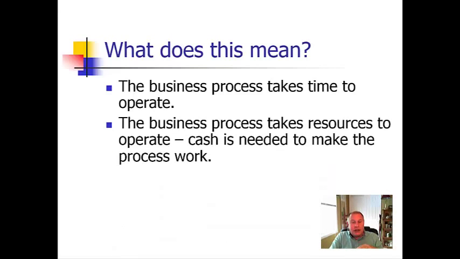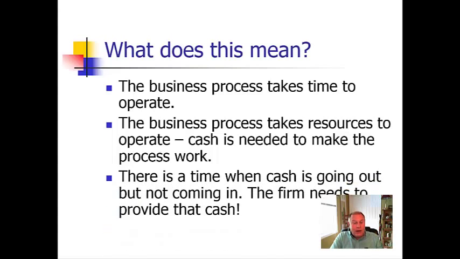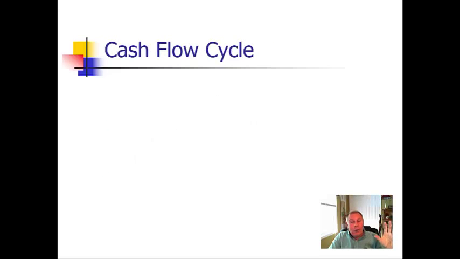The business process takes resources to operate, and cash is needed to make the process work. So there's a time period where cash is going out but not coming in. The firm itself needs to provide that cash so that the firm can operate. That's what we'll call the cash flow cycle.